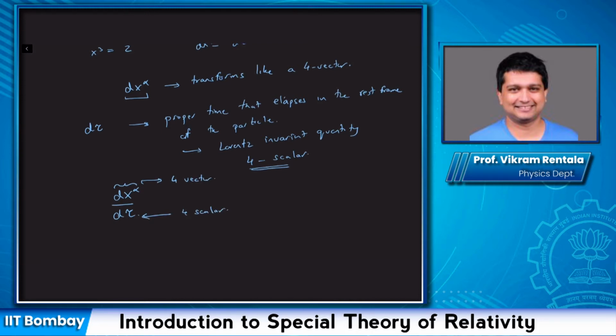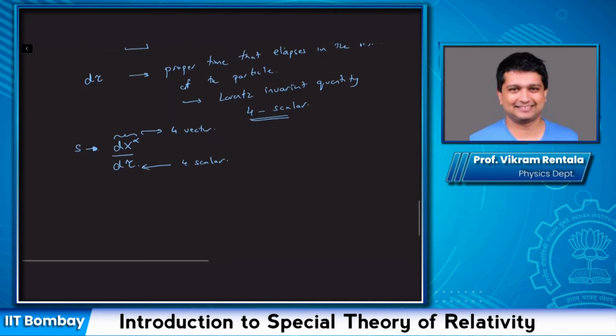And now if we construct the quantity dx alpha by d tau, dx alpha transforms like a 4 vector, d tau transforms like a 4-scalar, and therefore this entire quantity should transform as a 4 vector. Right?